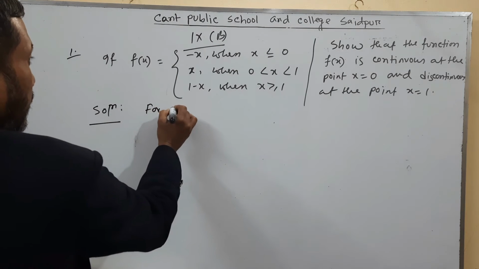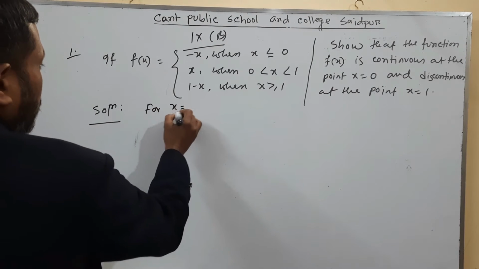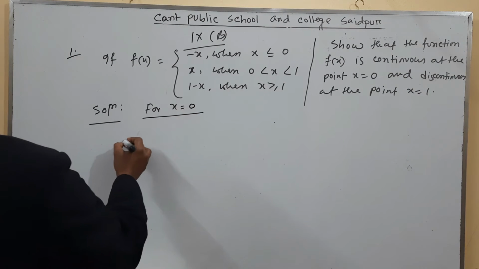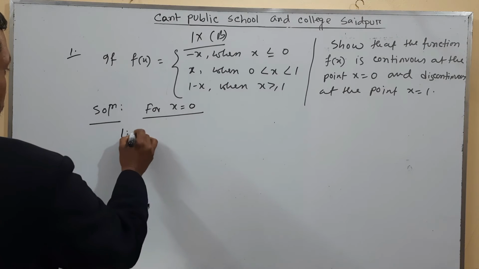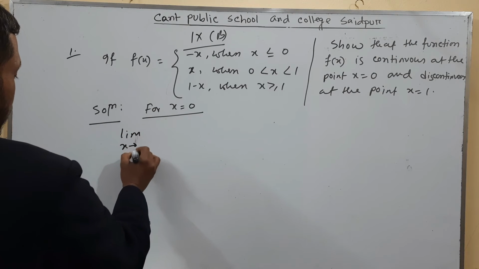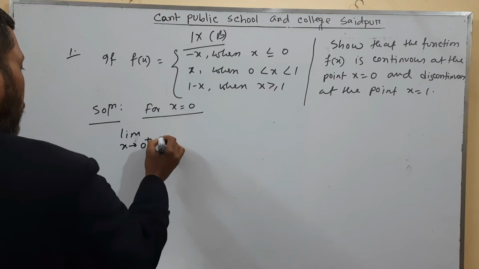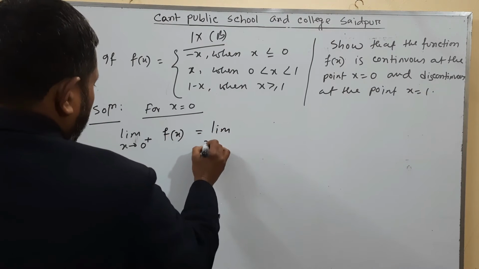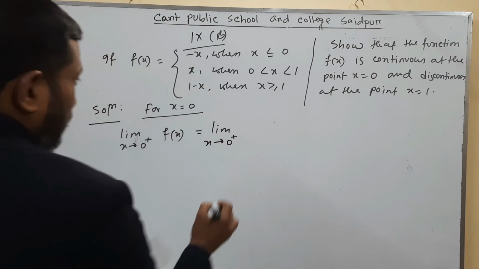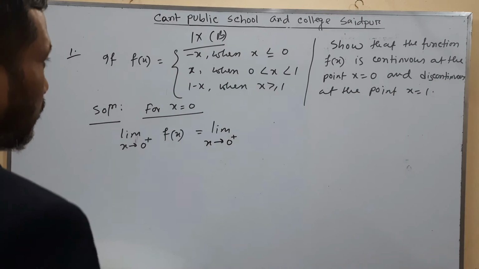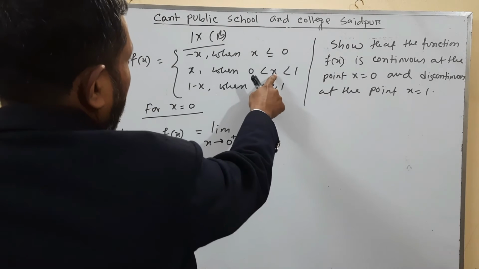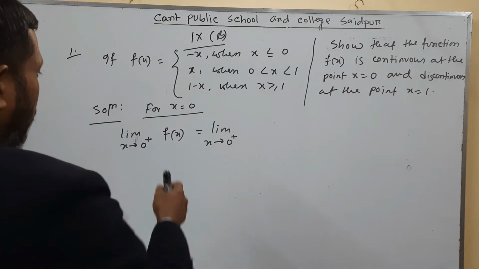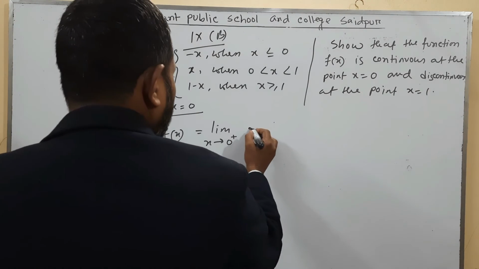For x is equal to 0, limit x tends to 0 plus f of x. We know here the value of x is greater than 0. So here f of x will be x.